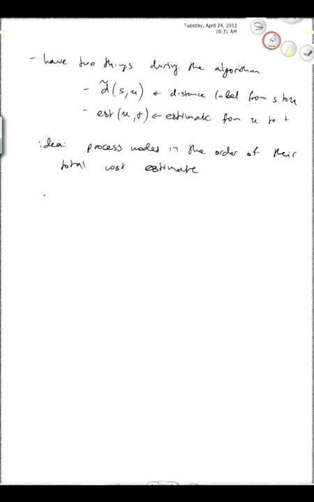So what is a total cost estimate? The total cost estimate of a path starting at S, going to U, and ending up at T. Well, this is just going to be the distance from S to U, which we're estimating with this d tilde, the first thing that we have here.